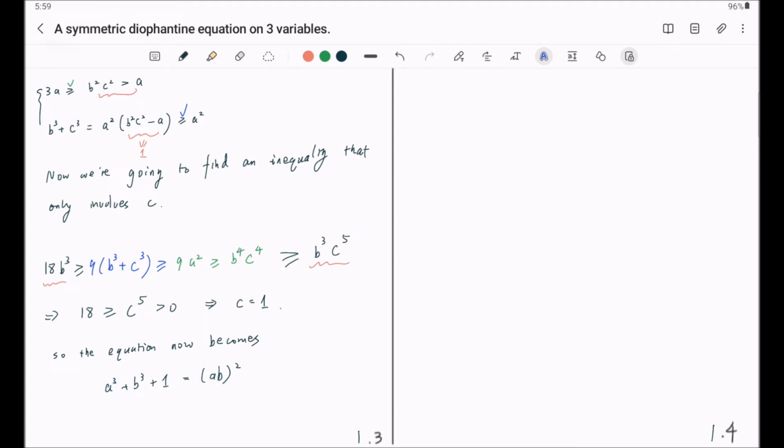This looks much simpler. Of course, we have the assumption that A is still greater or equal to B. With C equal to 1, how many solutions do we have for this equation with the assumption that A is greater or equal to B? How many solutions are there?